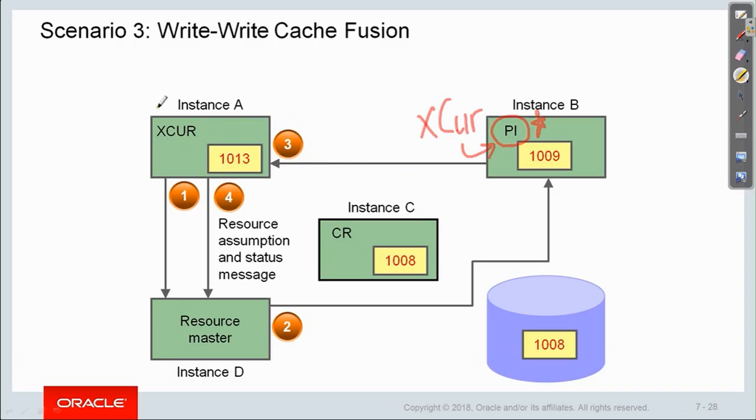Why? Because if you have an instance crash, I can use this PI block and apply minimal redo to recover the block in memory. So it gives you a faster instance recovery benefit. So that's another example.